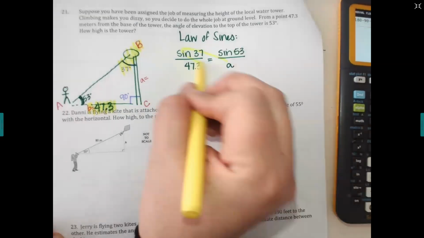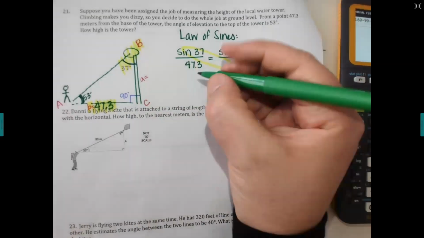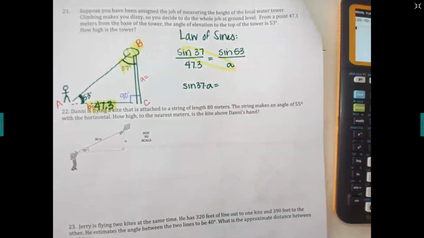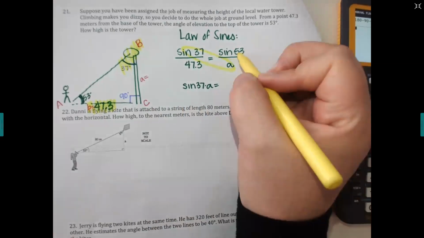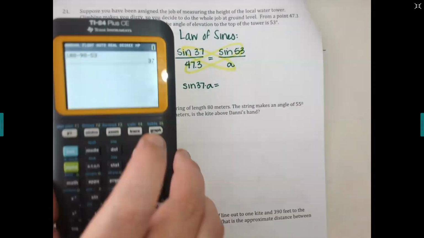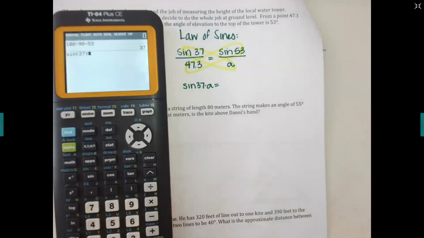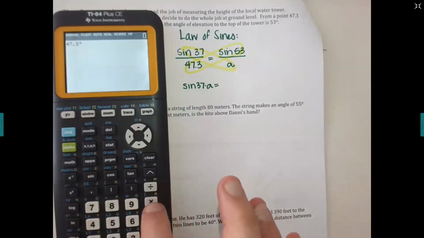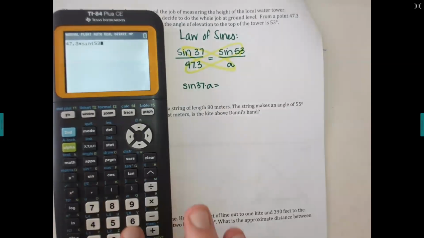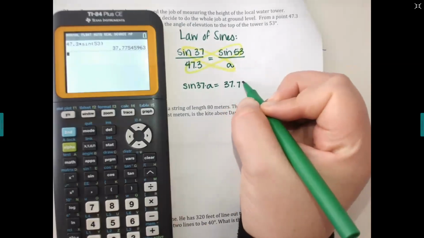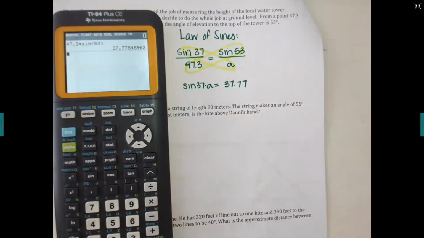So sine 37 times A is going to be sine 37A, but 47.3 times sine 53 can go straight into the calculator. 47.3 times sine 53 gives me 37.77. Okay, then from there, I'm trying to get A by itself.